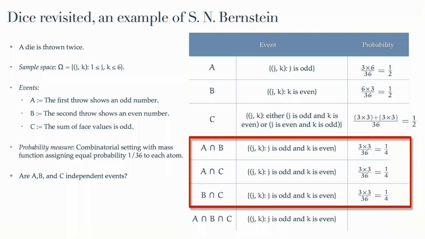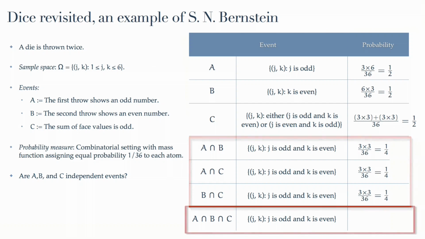What about A intersection B intersection C? The first face is odd. The next row shows an even face, and the sum is odd. But if the first face is odd and the second face is even, the sum is forced to be odd.